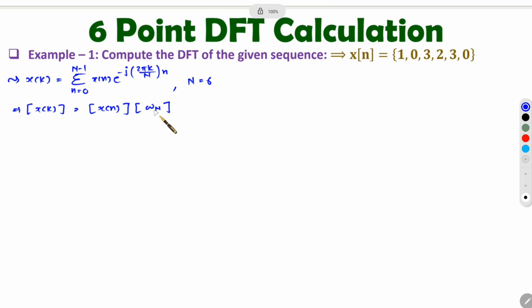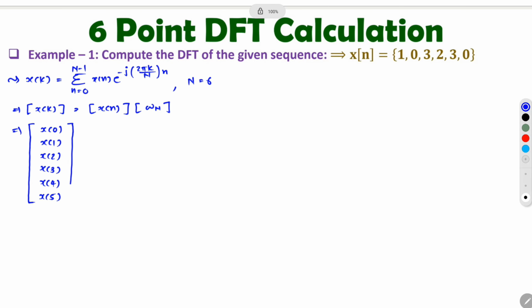I will explain how to identify this matrix. First of all, you need to understand, see this DFT matrix that is having in total 6 elements. So first element will be x of 0, second element will be x of 1, next element is x of 2, next element is x of 3, next element is x of 4, and final element will be x of 5.